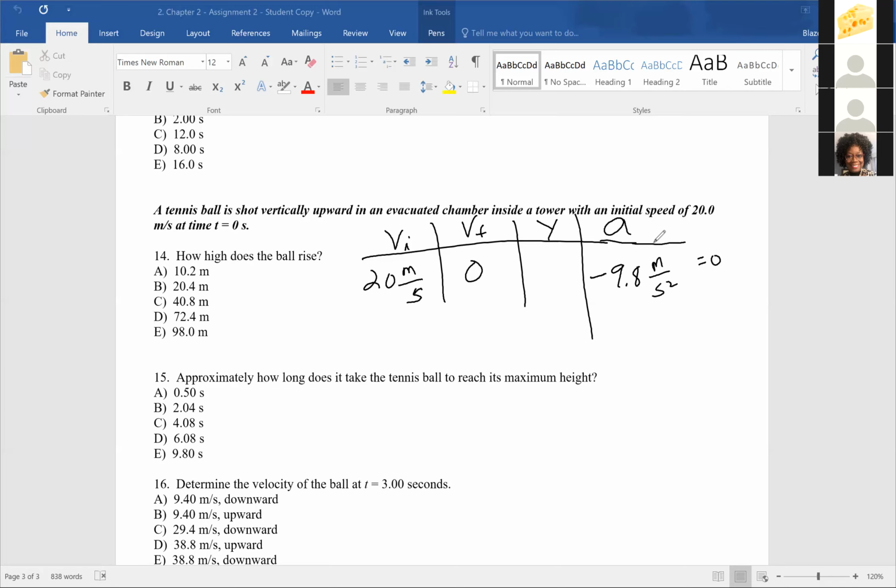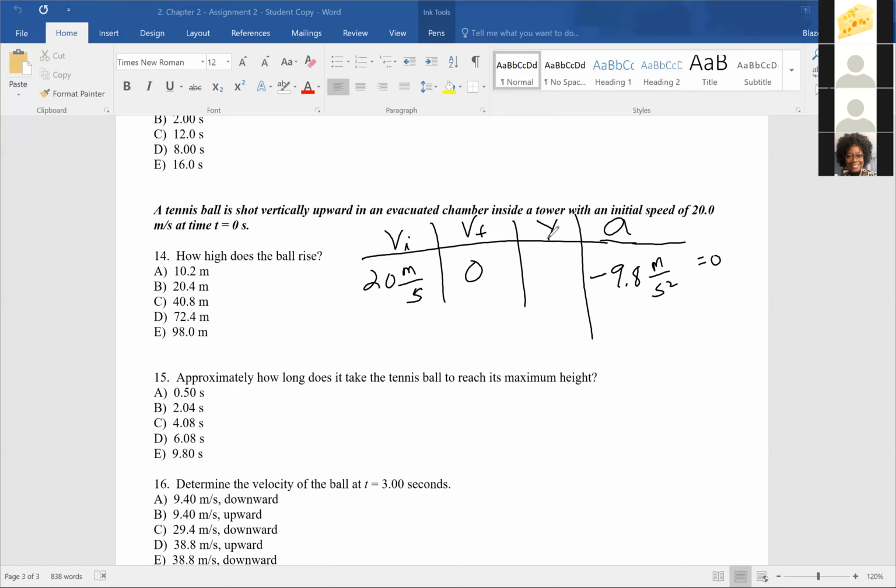And you can see why now, because it has an initial speed of 20 and something is slowing it down at 9.8 meters per second every second. So the question though is, how far will it travel as it's slowing down?